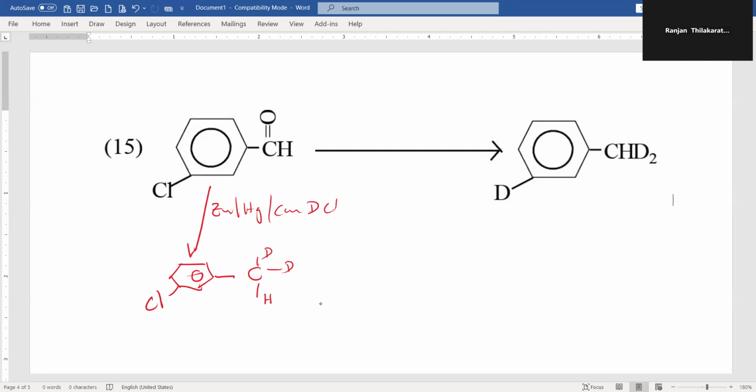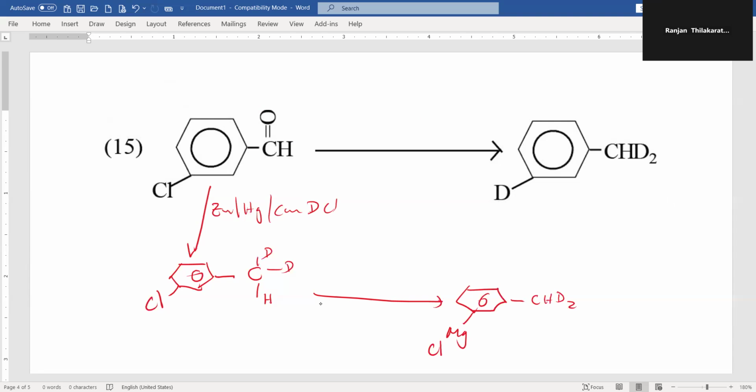Then you can now remove this chlorine in this way. How? First step, add dry magnesium to convert that into Grignard reagent, and then you have here CHD2.